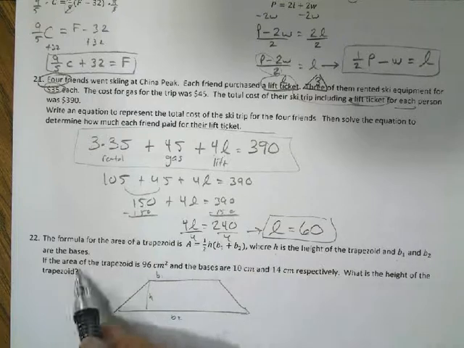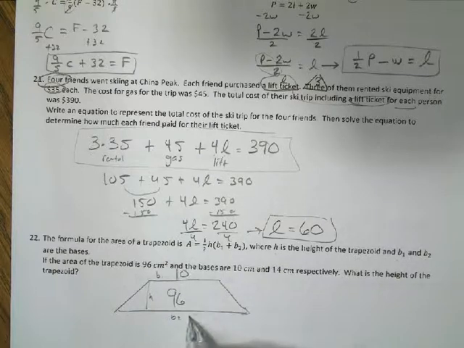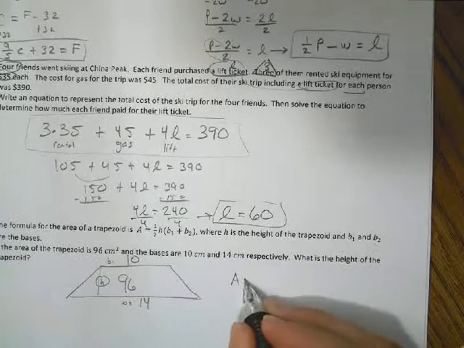Okay? If the area of a trapezoid, in this case here, is 96 centimeters squared, and the bases are 10 and 14 respectively, what is the height of the trapezoid? I'm trying to find the h. So in this case, we're going to substitute the values that they gave us for our formula.